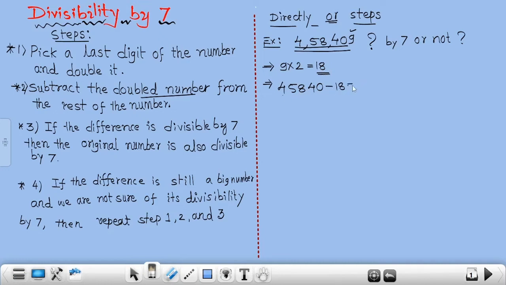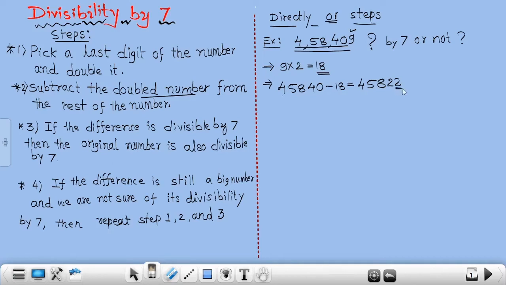So how much do we get? 45,822. It is still a big number, so we are not sure whether this difference is divisible by 7 or not. So again we repeat the procedure, steps 1, 2 and 3.